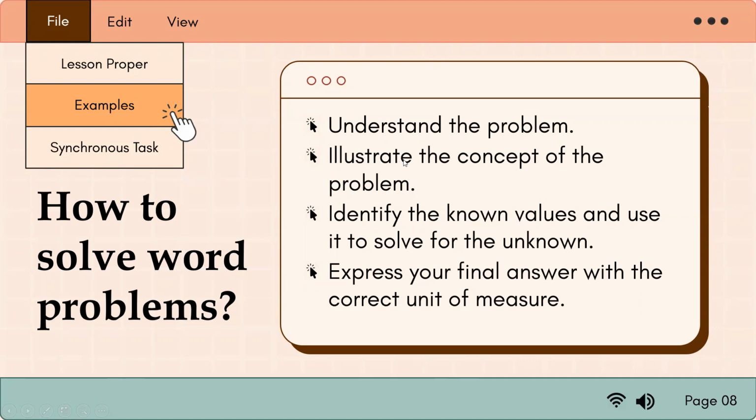Of course, if you don't understand the concept, you cannot draw it. Next is to identify the details in the problem. You can label the illustration with them and solve for the unknown. Next is to express your final answer with the correct unit of measure.